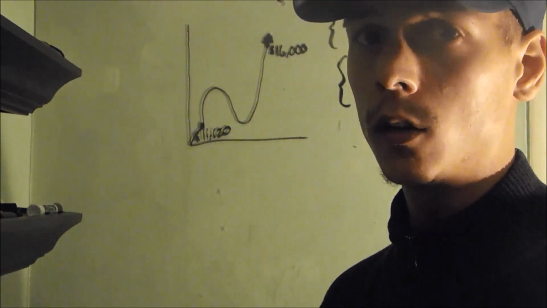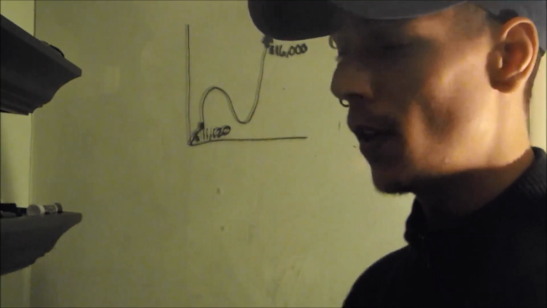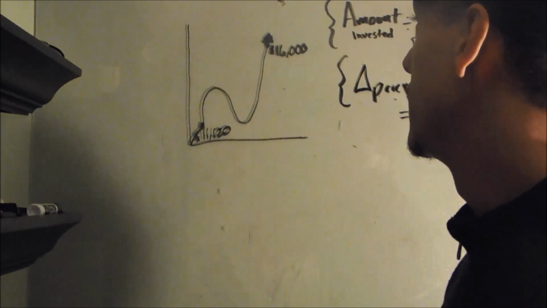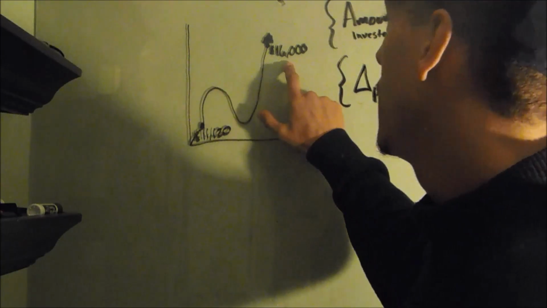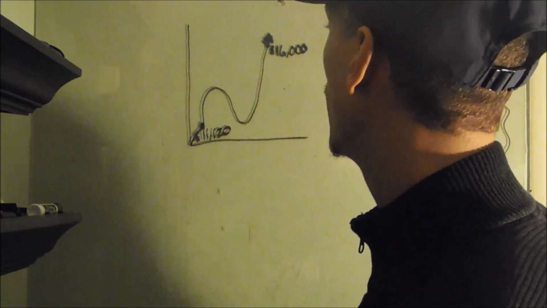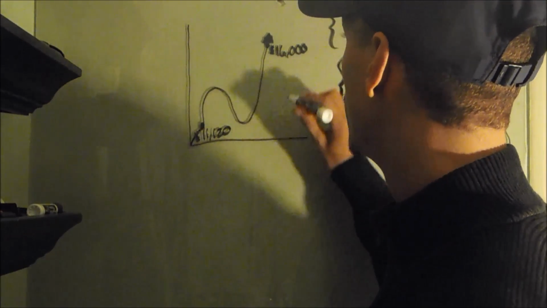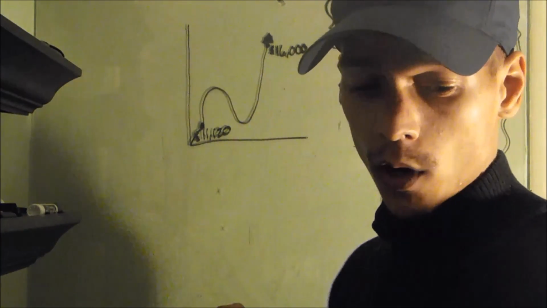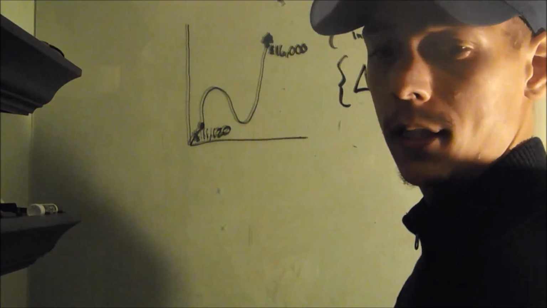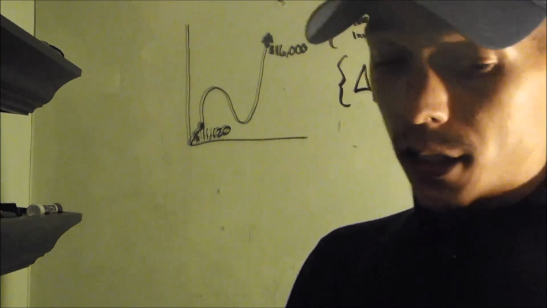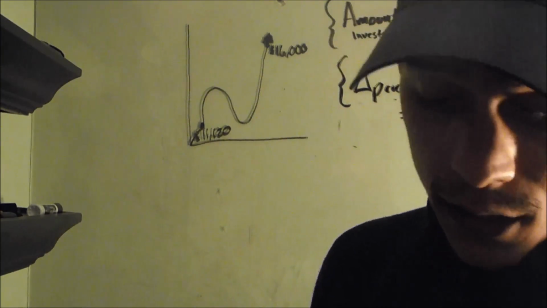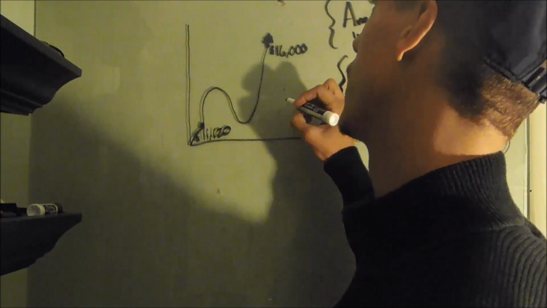No one officially knows, but most people have faith that it will start to rise again. So we're saying this change from 11,120 to 16,000, and we're asking what is the amount of that change. Take a calculator; I've already done it. The change is $4,880.